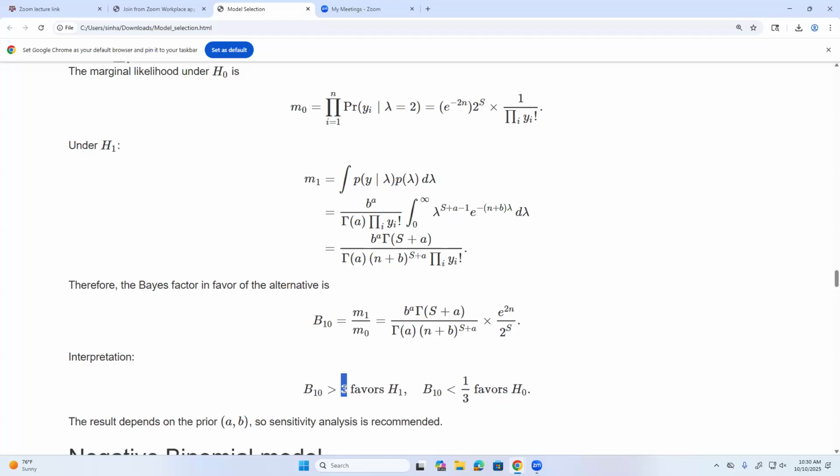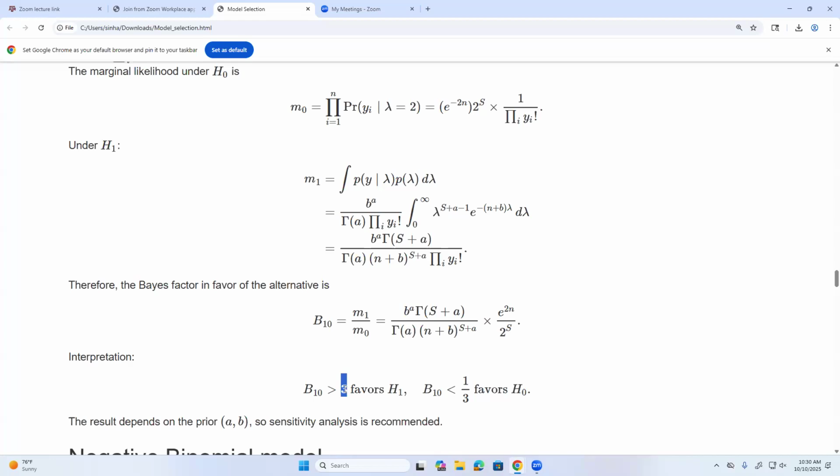Bayes factor is used for testing, but the cutoff value is subject to some discussion, but generally 3 is used. So if it is larger than 3, then we say the data favors the alternative model. And if it is smaller than 1 over 3, then the data favors the null model.